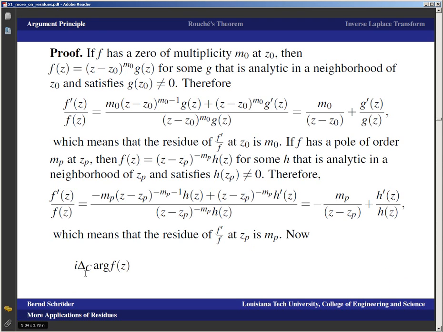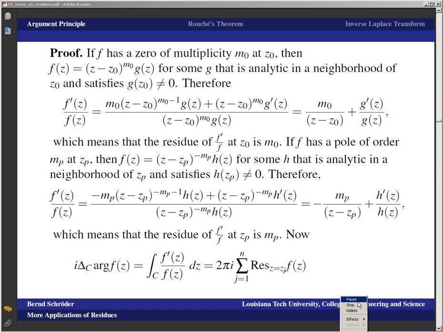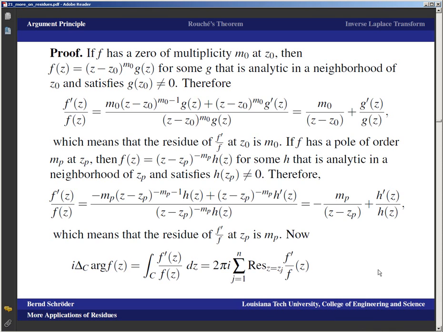And so that means that i times the delta c arg f of z, which is 2 pi times that winding number, times i, is the integral of f prime over f along the original contour c. And we know by the residue theorem that this is 2 pi i times the sum of the residues at the singularities inside, of f prime over f. So that's the sum of the residues of f prime over f at the various singularities that we have there.